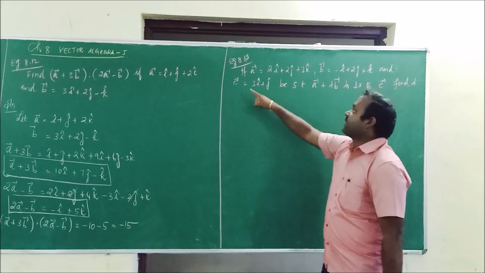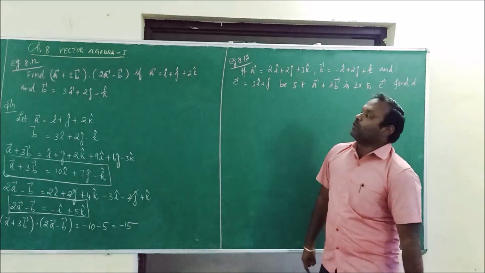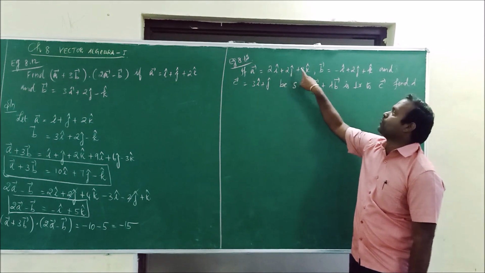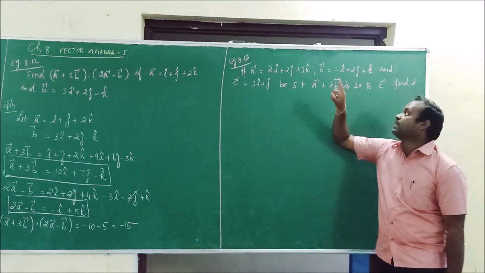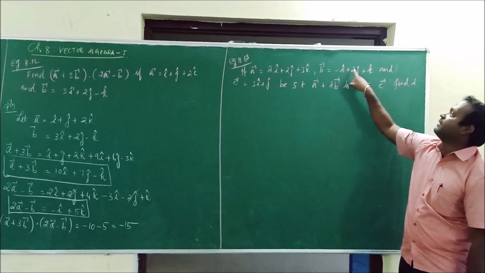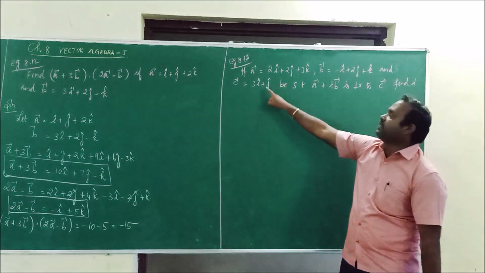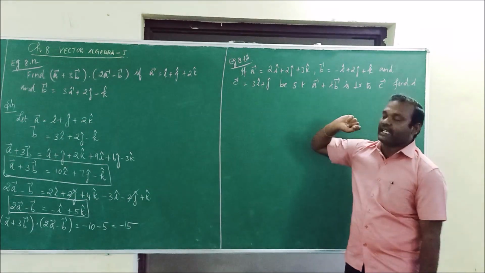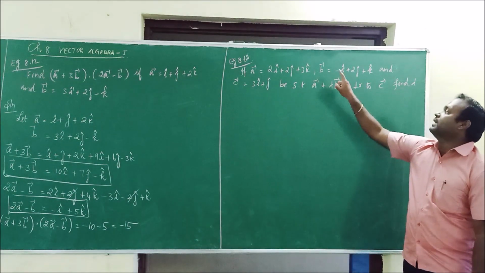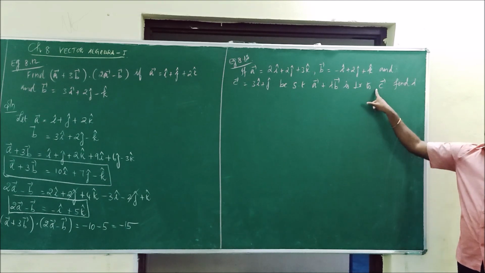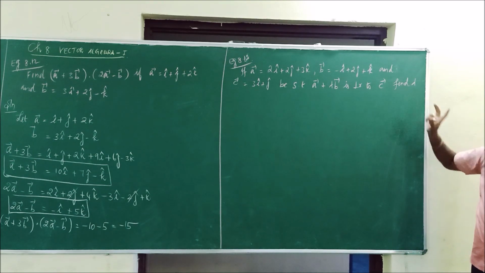Okay, next example 8.13. If a vector is equal to 2i cap plus 2j cap plus 3k cap and b vector equal to minus i cap plus 2j cap plus k cap and c vector is nothing but 3i cap plus j cap, be such that a vector plus lambda b vector is perpendicular to c vector, then find the value of lambda.